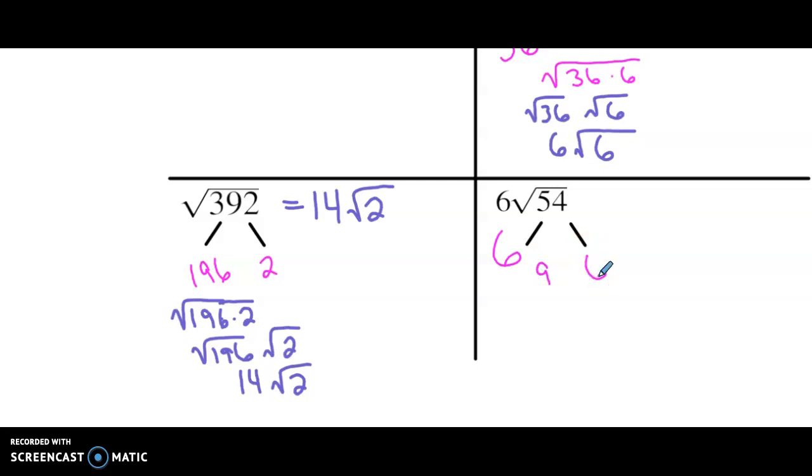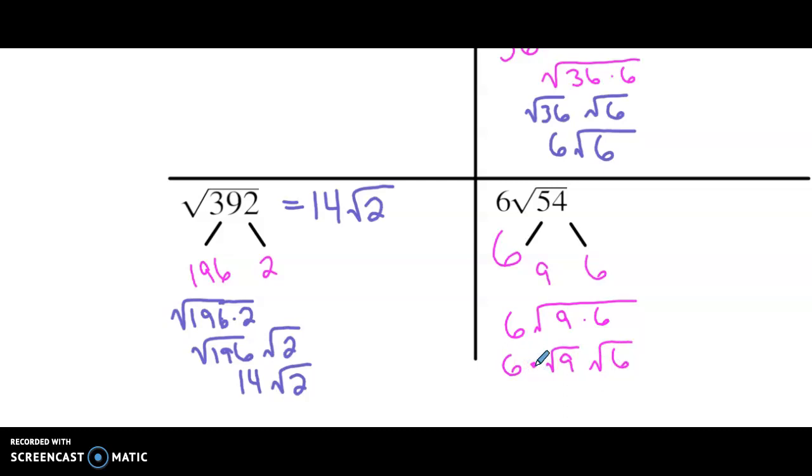So I rewrite. I have my 6 out in front, and then we rewrite 54 as 9 times 6. Separate each one of them. We still write 6 times the square root of 9, and then the square root of 6.